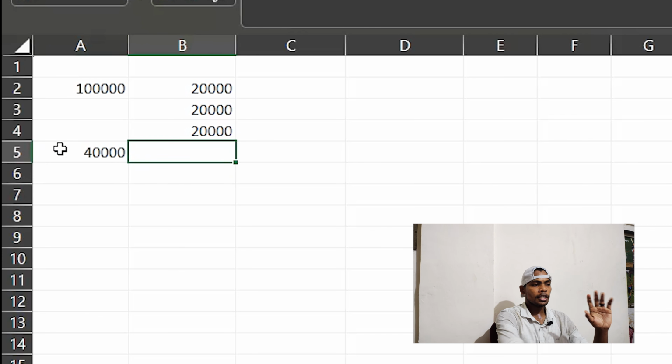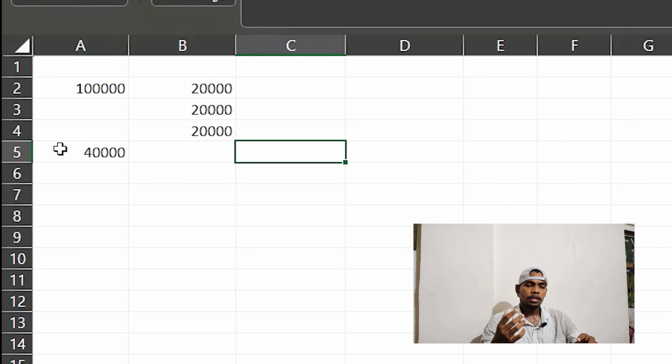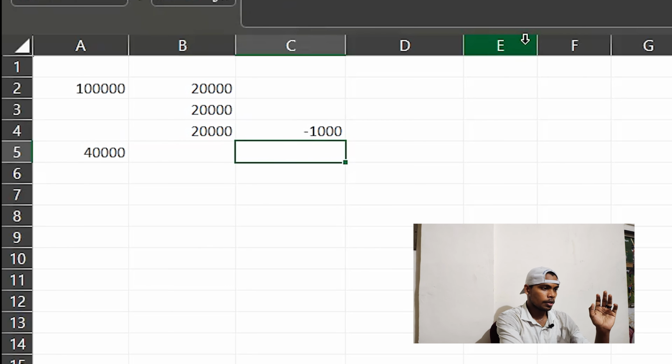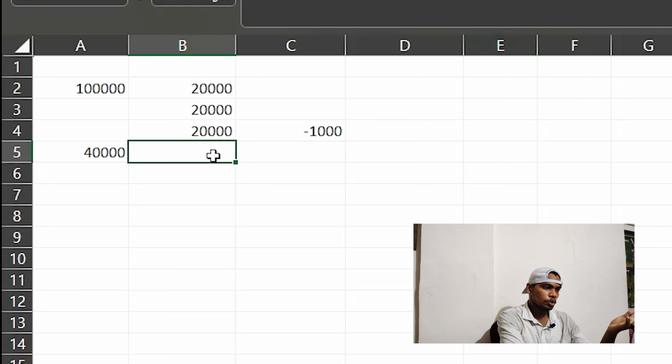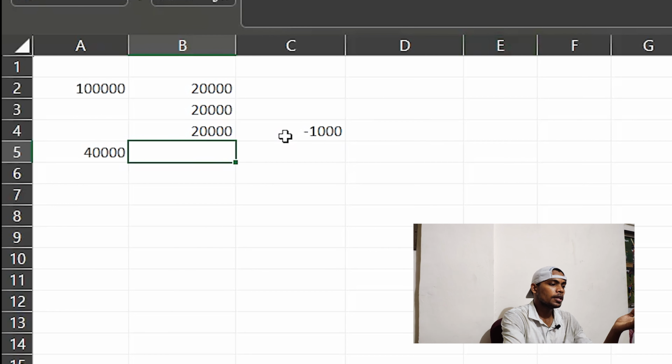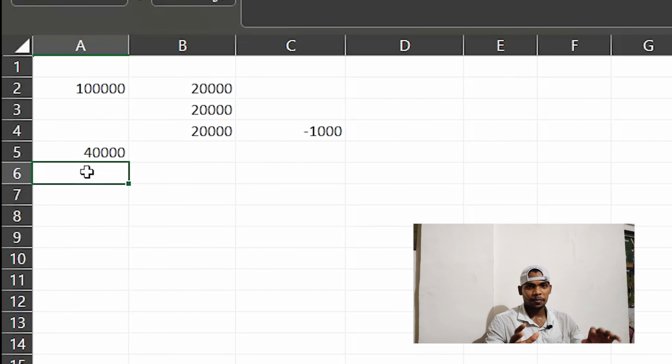If I book a loss or profit from any of these trades, imagine I book a loss. Let's say I book a 1,000 rupees loss. I will include this 1,000 rupees loss in my overall capital. So 1 lakh is not my overall capital now.